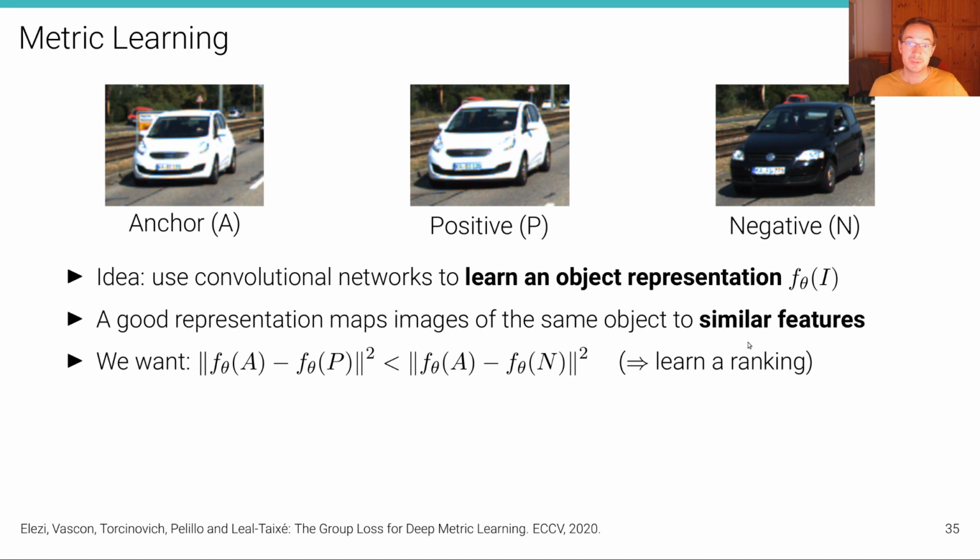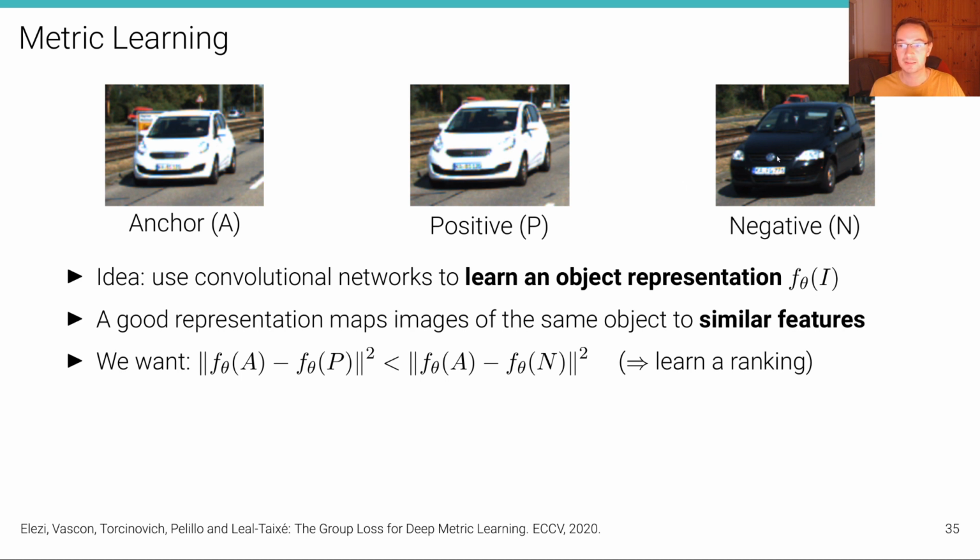Now, what is a good representation? A good representation maps images of the same object to similar features and images of different objects to different features. So for example, in this case, we have a patch that shows this object here, and we call this the anchor A. And we have a positive because this is a patch from a different frame showing the same object.